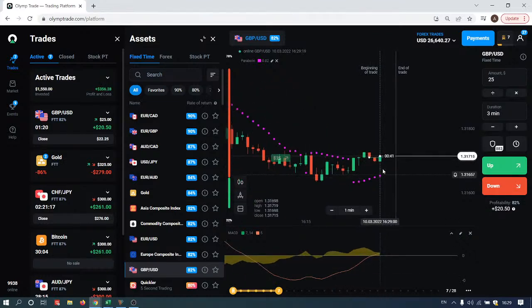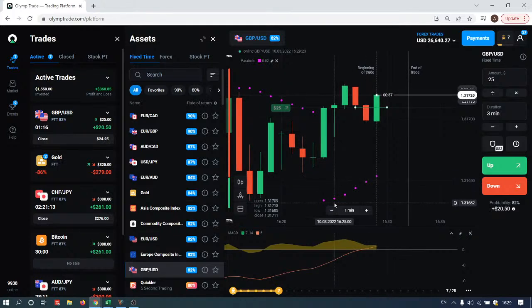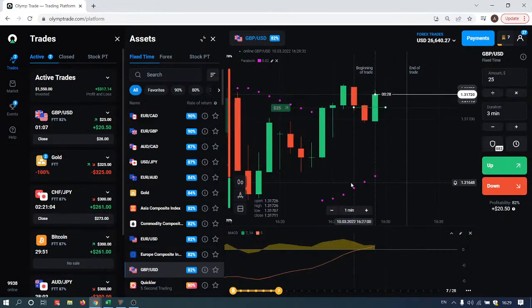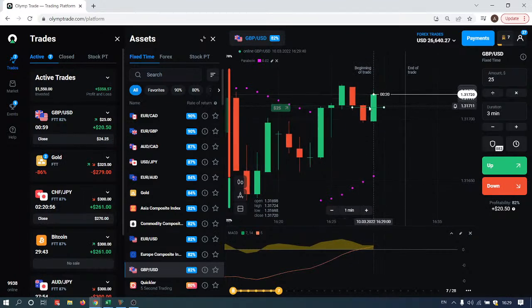Next, we need to combine it with the signal from the parabolic indicator. If the parabolic dots are under the chart, that gives us a signal for an up trade. So we combine the signal from the MACD indicator together with the signal from the parabolic indicator, and if they are both looking upwards, then we open a trade in the upwards direction. And we can do it even right now.